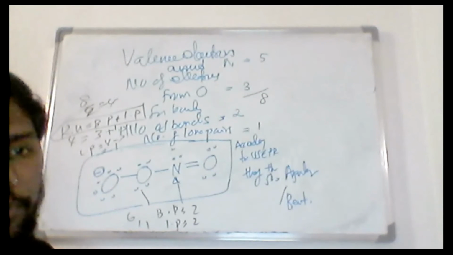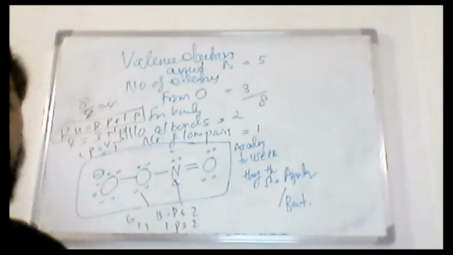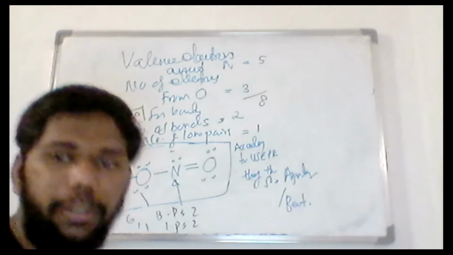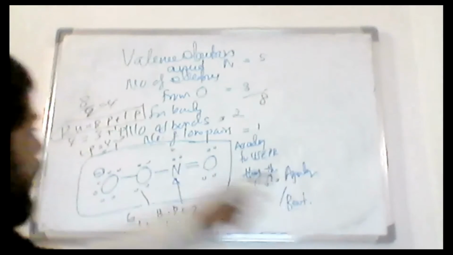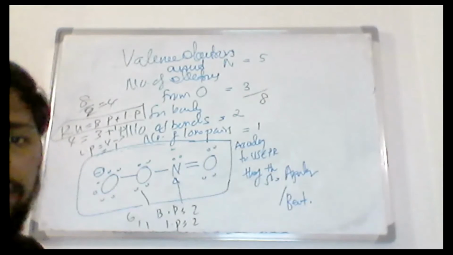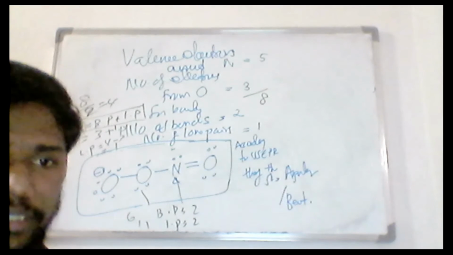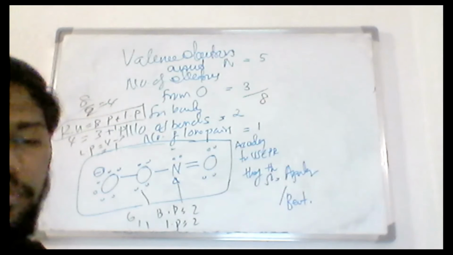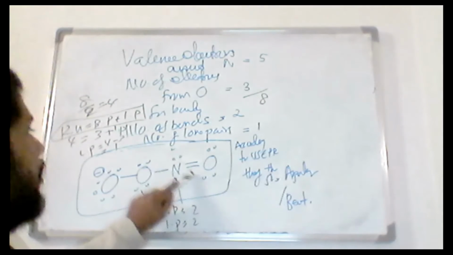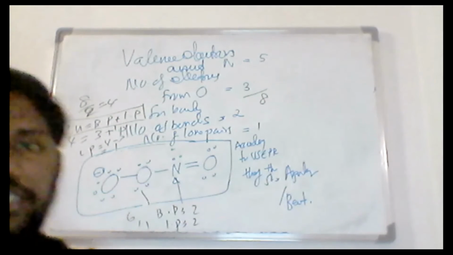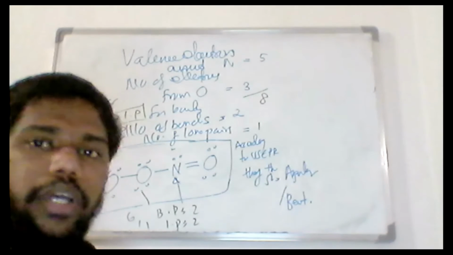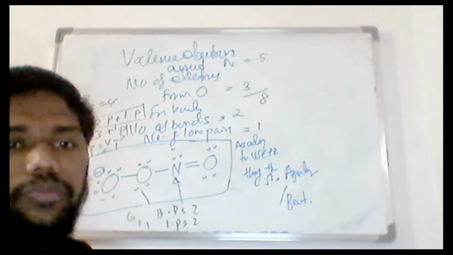Only sigma bonds and lone pairs. So 3, which means it is trigonal planar. So what about the hybridization? For hybridization, again, we count sigma bonds and lone pairs. 1, 2, 3. So the hybridization is also sp2. Okay.